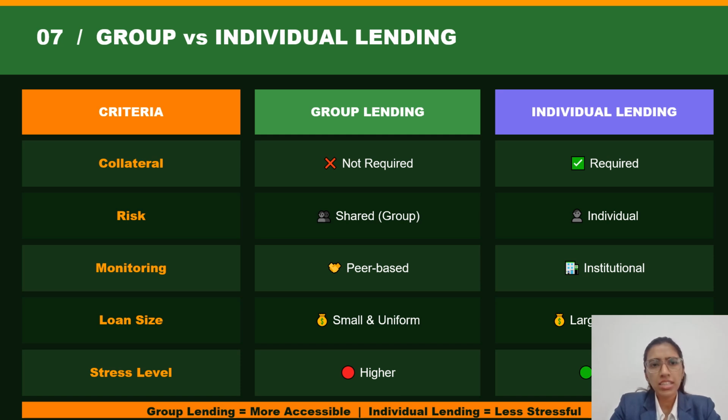In group lending, you don't require collateral and the risk is shared in the group, but it's not the same for individual lending. In individual lending, collateral is mandatory and risk is borne by the single person. Loan size is small in group lending, whereas in individual lending, as the risk is borne by a single person and collateral is there, the loan size is high.